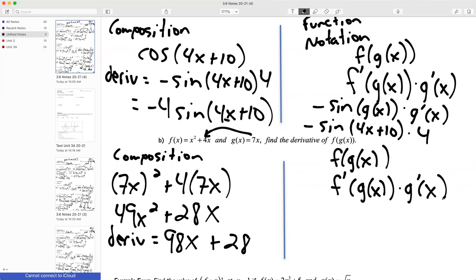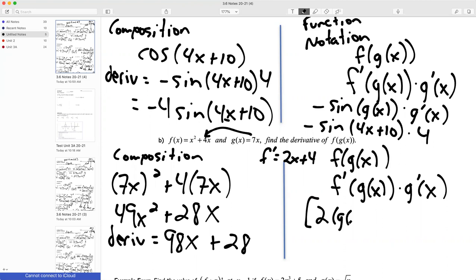So here, first step is to find f prime. So I'm going to take the derivative of f of x. F prime would be 2x plus 4. So I've got 2, and then instead of x, I'm going to substitute g of x.